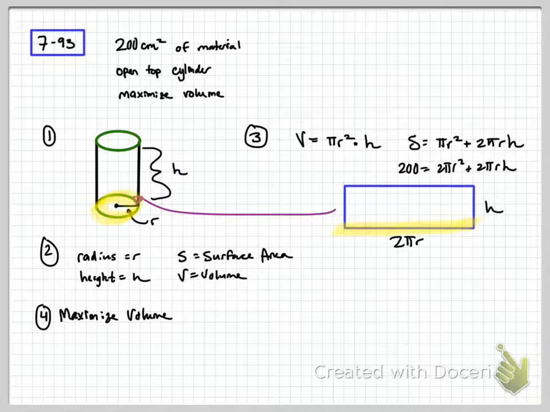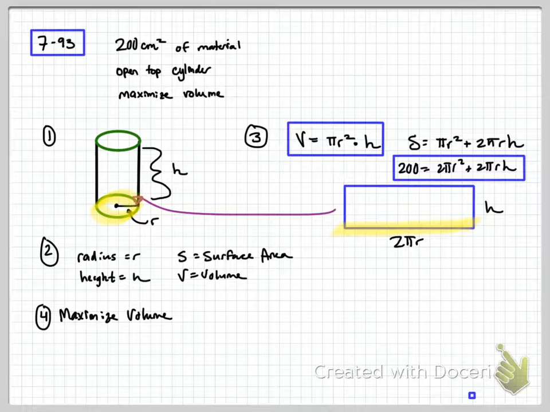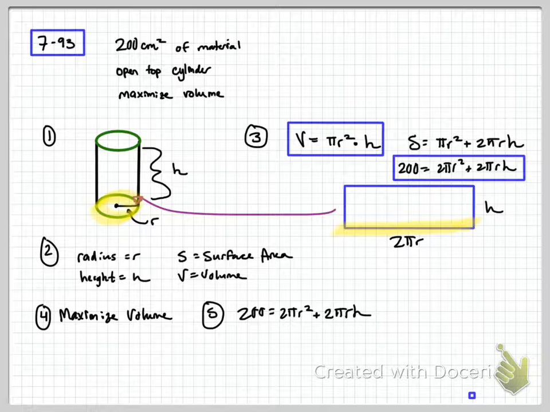If we look at our equations, we have 3 variables in volume, and surface area only has 2 variables, r and h. Step 5, we're going to use substitution on this 200 equals pi r squared plus 2 pi r h. It's not 2 pi r squared, it's just pi r squared because we only have a bottom. I made a mistake there.